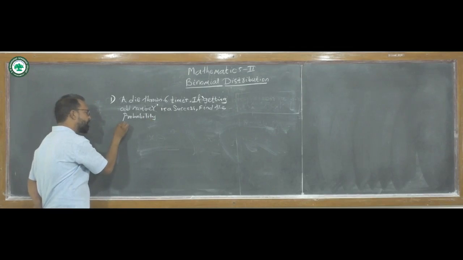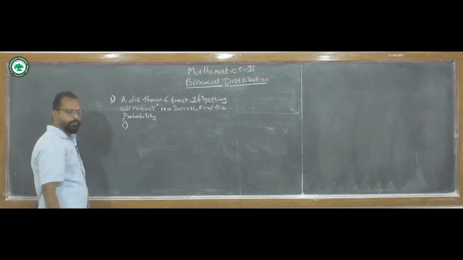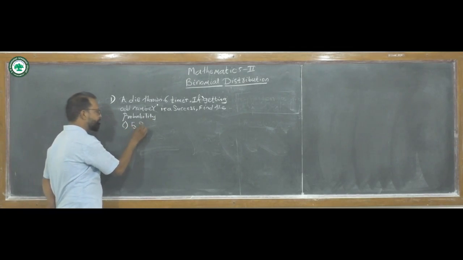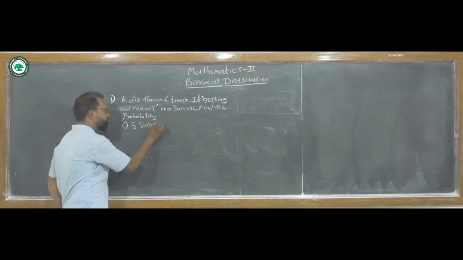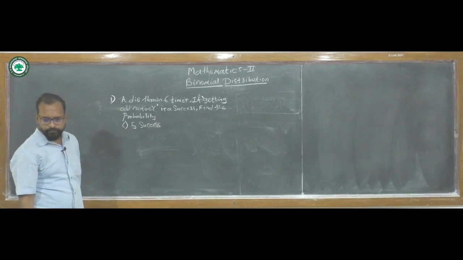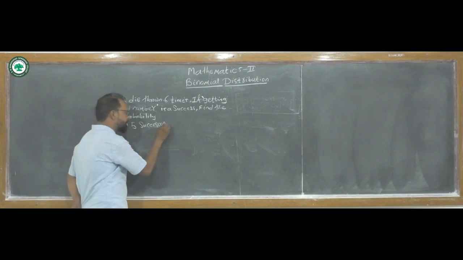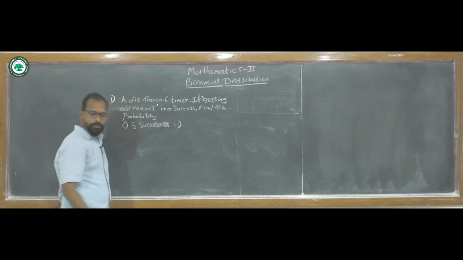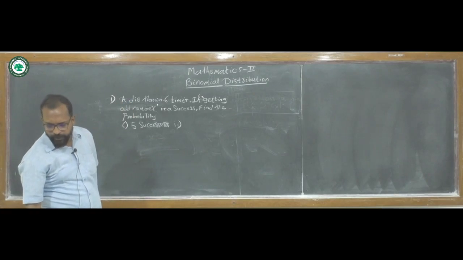Now sub question number 1, we have to find the probability of 5 successes. Number 2, at least 5 successes.